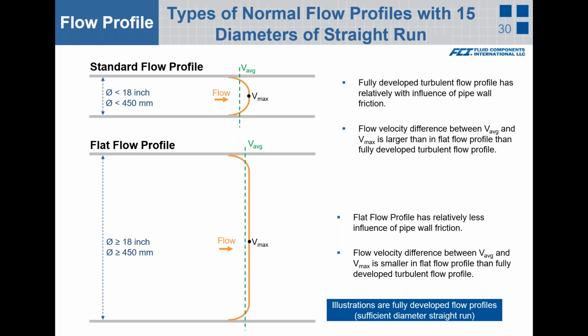And therefore, it needs to be calibrated differently. So also make sure that if that calibration test laboratory is calibrating your flow meter, you want to calibrate it to the standard turbulent flow profile in the top, if it's 18-inch or smaller. If it's 18-inch or greater, you want to calibrate it to a flat flow profile, like a wind tunnel type calibration.